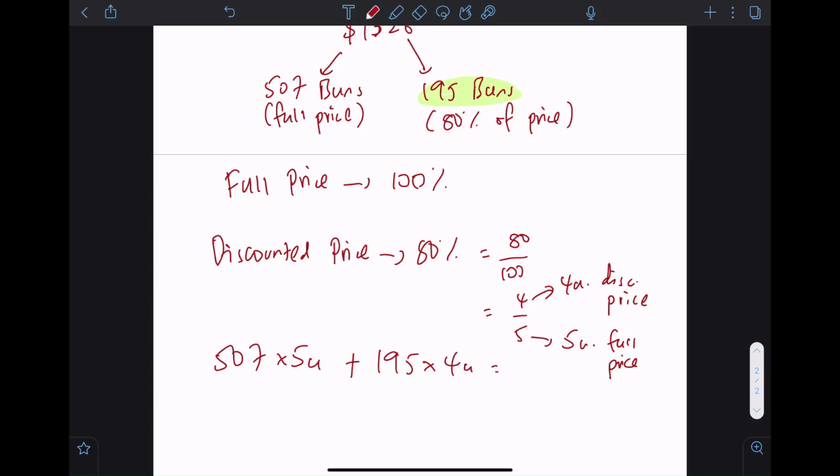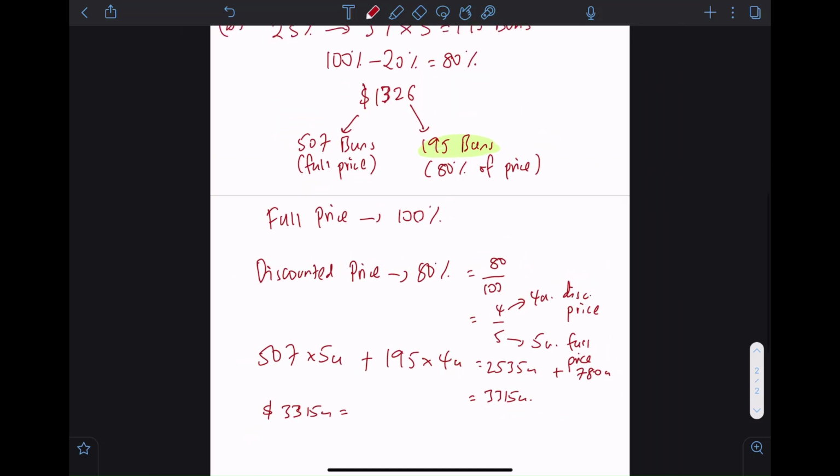How many units of money is this? 507 times 5, let's do that. 2535 units plus 195 times 4, that is 780 units. So in total, how many units is this? 780 plus 2535, and that will give you a total of 3315 units. And 3315 units of money is the same as $1326, which is the amount you collected.